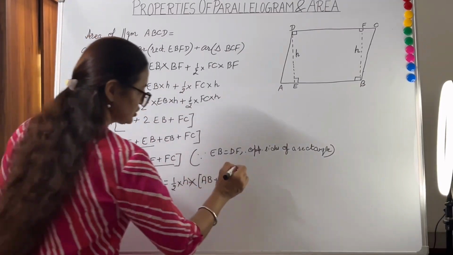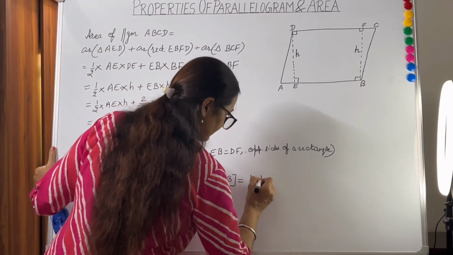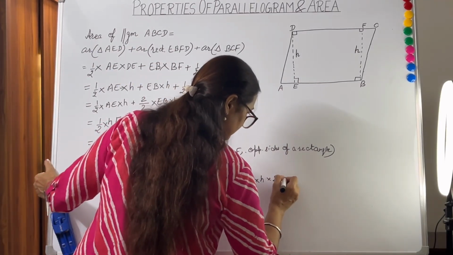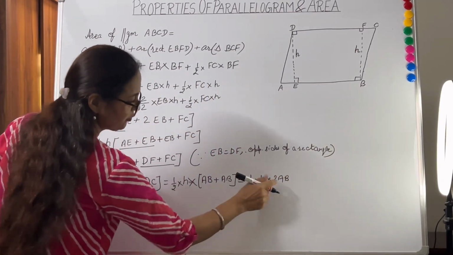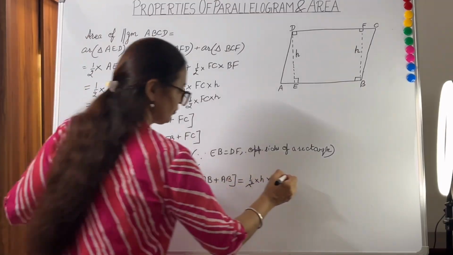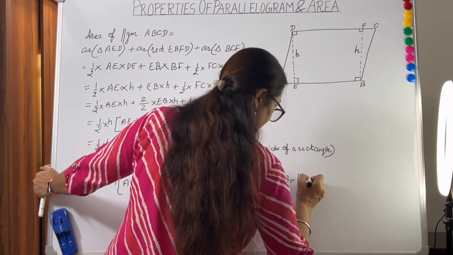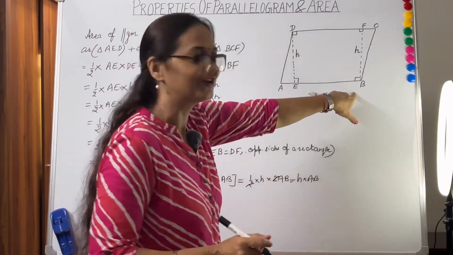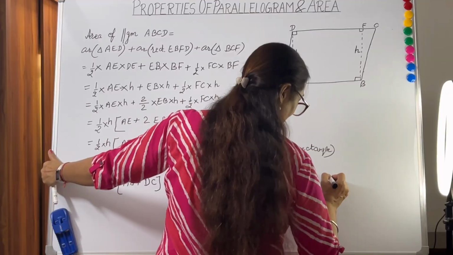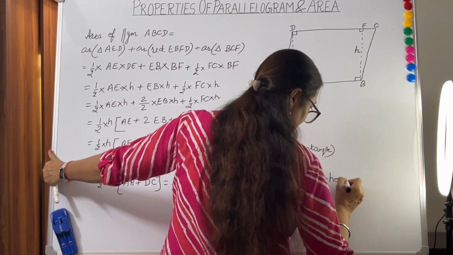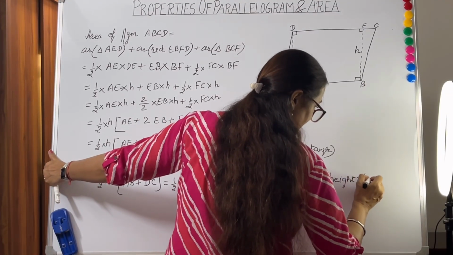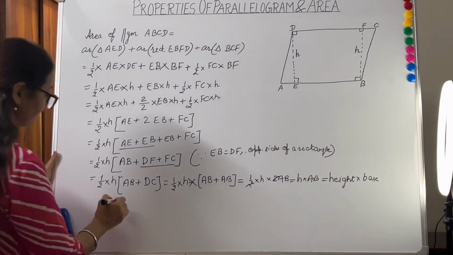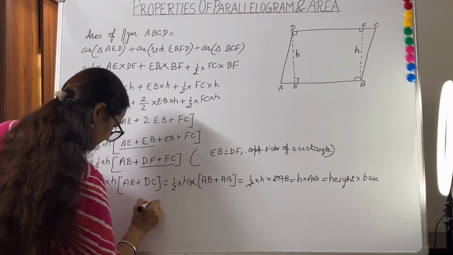Okay? So this is equal to half into h into AB plus AB, which will be 2 times AB. See, here below there is a 2 and above there is a 2, so they will cancel. So we are left with height into AB. Now what is AB? AB is the base of the parallelogram. Okay? So we have got the formula: height into base of the parallelogram.